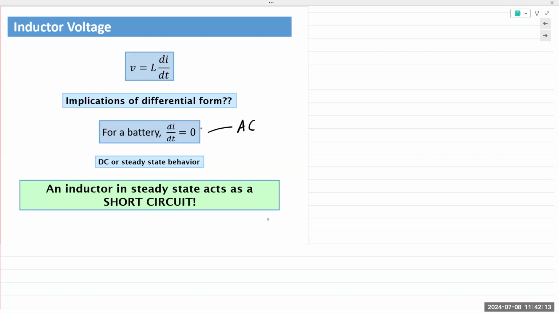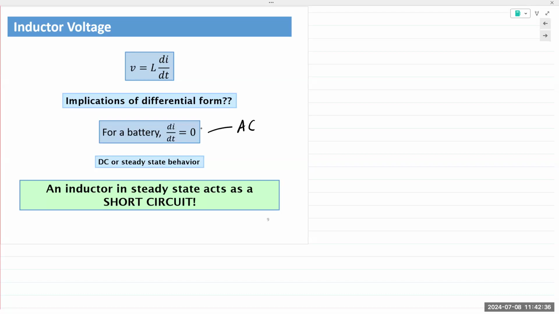When you apply a DC current, let's say the inductor does not have any stored energy. When the current starts flowing through the inductor, energy is being supplied to the inductor. Energy transfer cannot take place in an instant, cannot go from 0 to full in an instant.